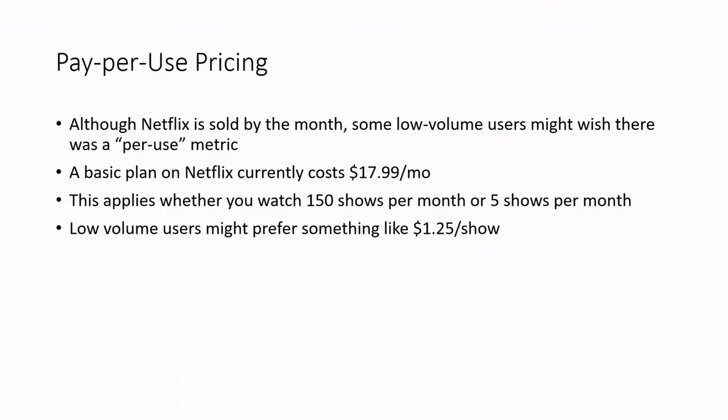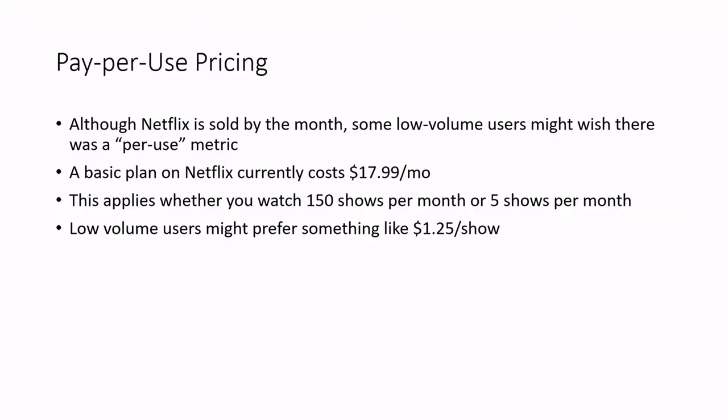And so a low volume user that maybe only watches 5 shows per month might really prefer a pricing metric that looked like, say, $1.25 per show. And so if they watched their 5 shows, that would be $6.25 a month instead of the $17.99 for the subscription to Netflix.